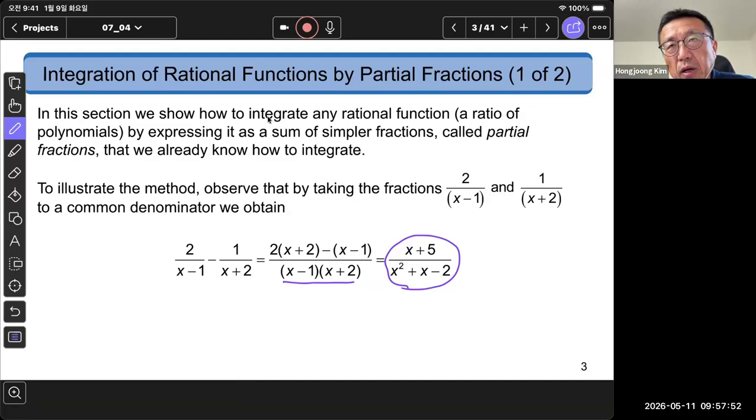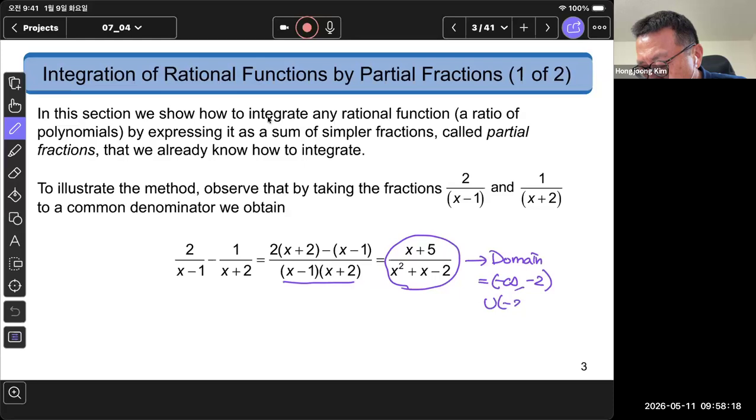The denominator is 0 when x is 1 and negative 2. So the domain will be every number between minus infinity and plus infinity except minus 2 and 1.